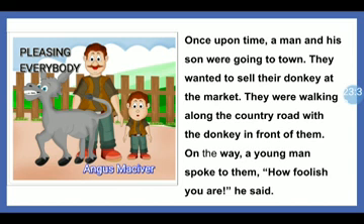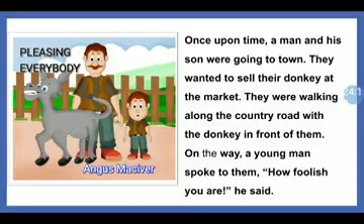Alright, so it says, once upon a time, a man and his son were going to town. They wanted to sell their donkey at the market. They were walking along the road, the country road, with the donkey in front of them. On the way, a young man spoke to them.